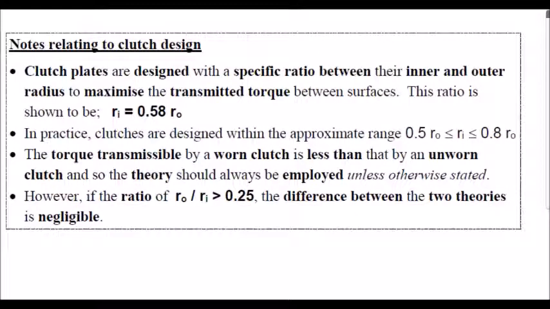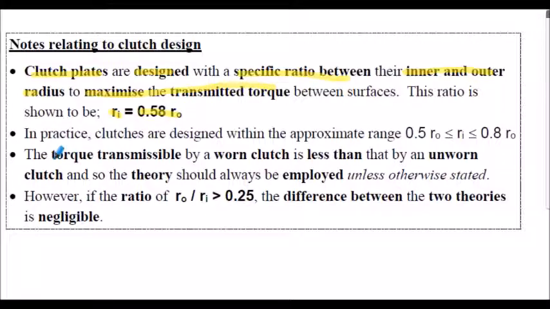And again, this is just some design information, really for reference here. Clutch plates are often designed with a specific ratio between the inner and outer radii, because this maximizes the torque transmitted. So if you're in the field of designing clutches, this kind of ratio is sort of an optimum. The Ri radius is 0.58 of the R0 radius.